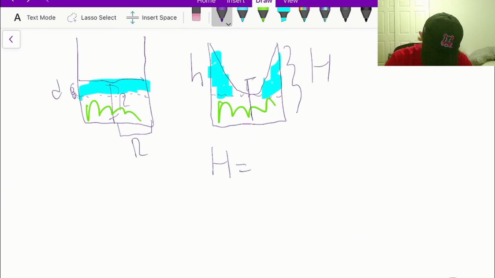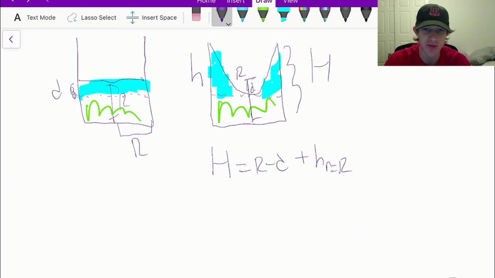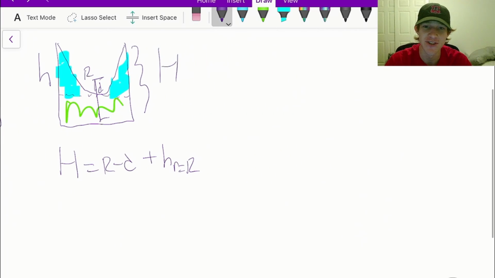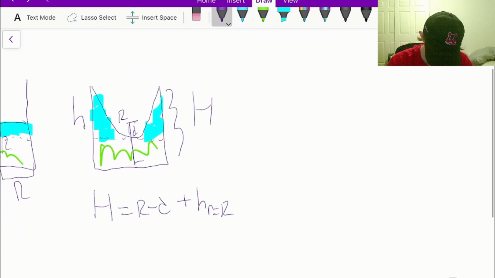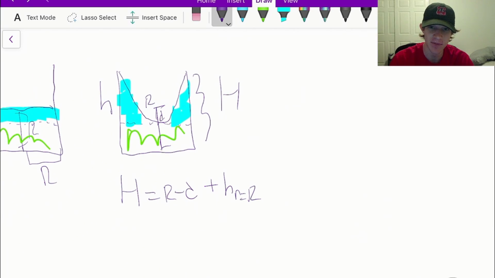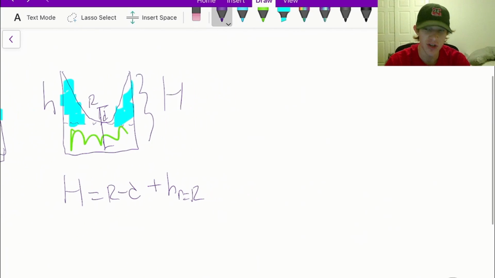So this R value is going to be R minus D. That'll give us to the dotted line, plus the height at big R when r equals big R. And the little r is going to be referring to the radial point, which I will be describing in just a minute as well.